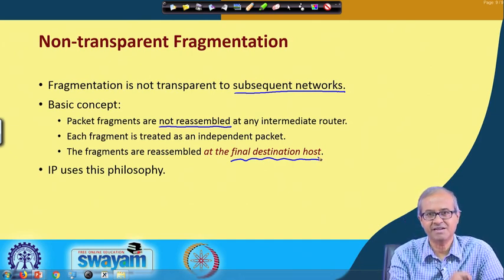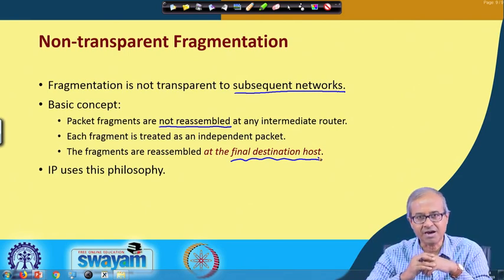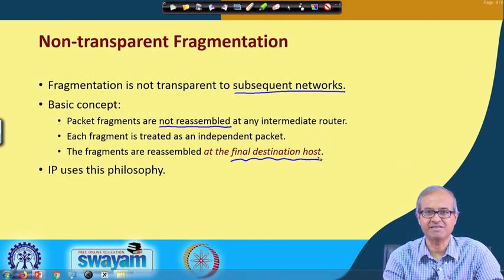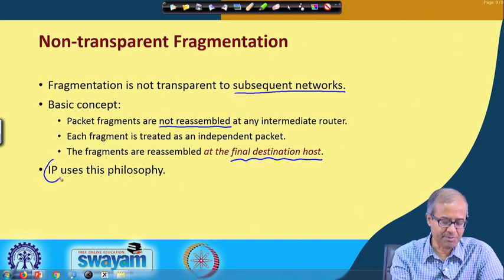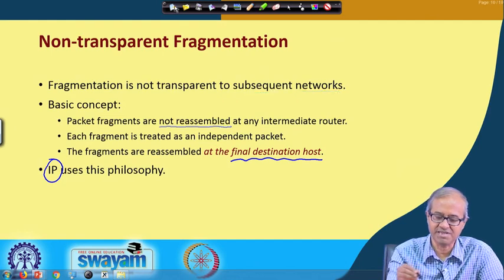Suppose I am sending the packet to your computer: finally all the fragments will come to the IP layer of your computer, and that is where these fragments will get assembled again. Okay? This is how non-transparent fragmentation works, and as I said, the IP protocol in TCP/IP follows non-transparent fragmentation.